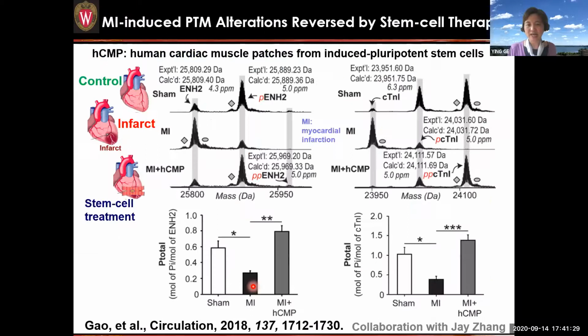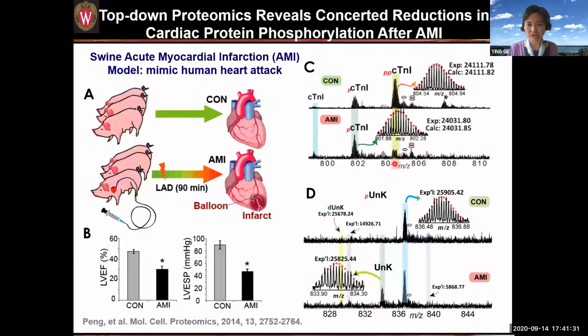We found changes in troponin I in this acute myocardial infarction model, again a decrease of phosphorylation. But interestingly, there's another protein that also shows a significant reduction of phosphorylation, and we later identified this protein as enigma homolog isoform 2.